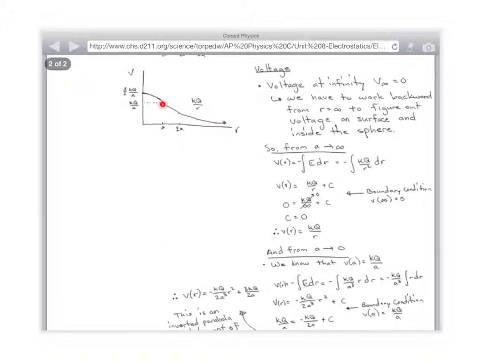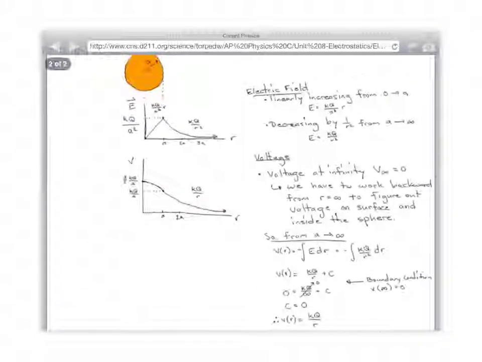So if you look at the slope right here, what is it? Zero. So what should E be here? Zero. Now what happens to the slope? It gets more and more negative, so E has to get more and more positive. Got it?